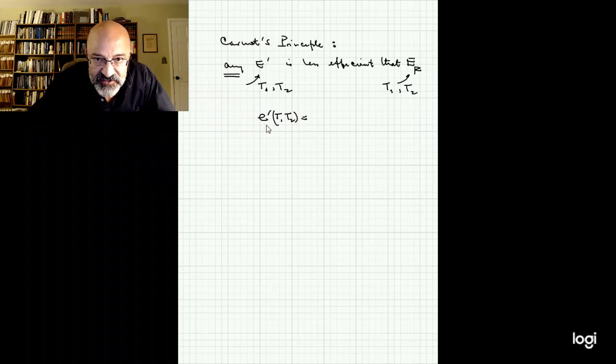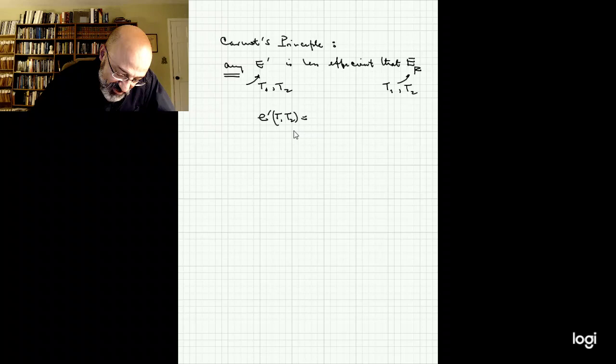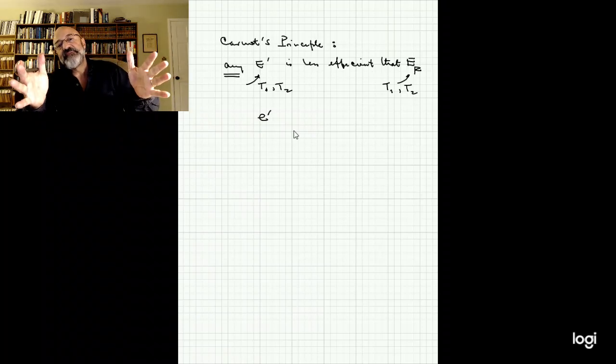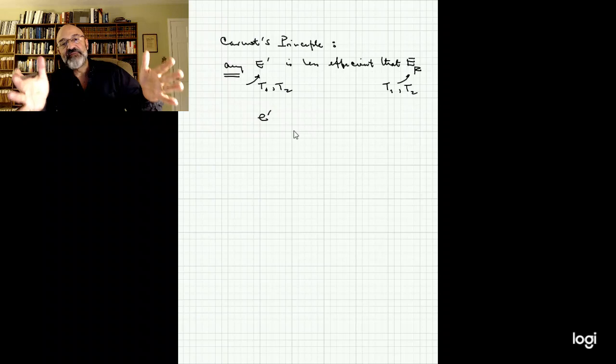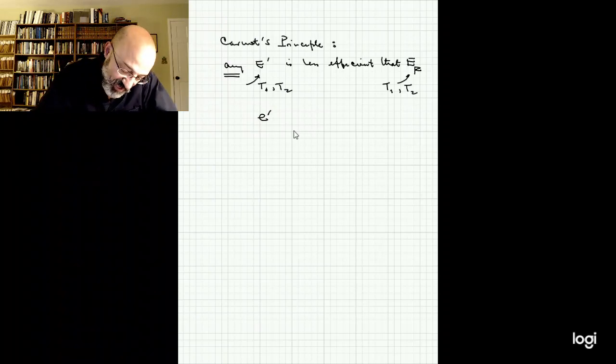I see, the efficiency of the arbitrary engine depends on T1 and T2. No, no, no, no. The efficiency of an arbitrary engine will depend on all sorts of things, whether it is made of one substance or another, whether the material that makes the walls of the container are steel or ceramics or whatever. This guy depends on anything. However, the efficiency is always defined as the amount of work divided by Q1.